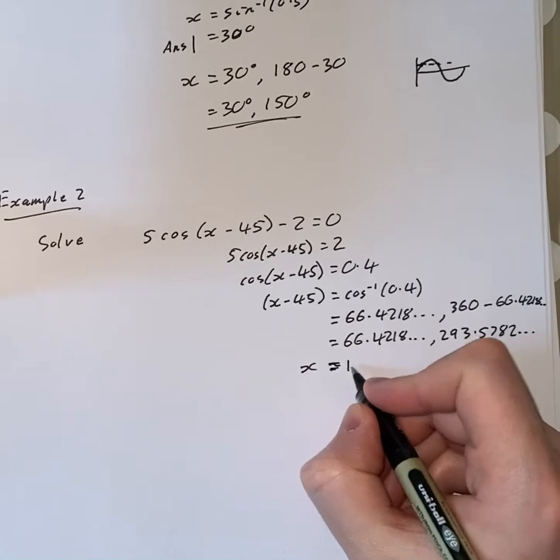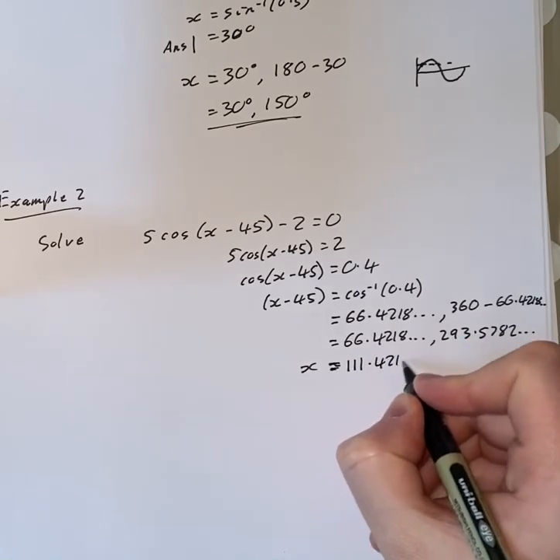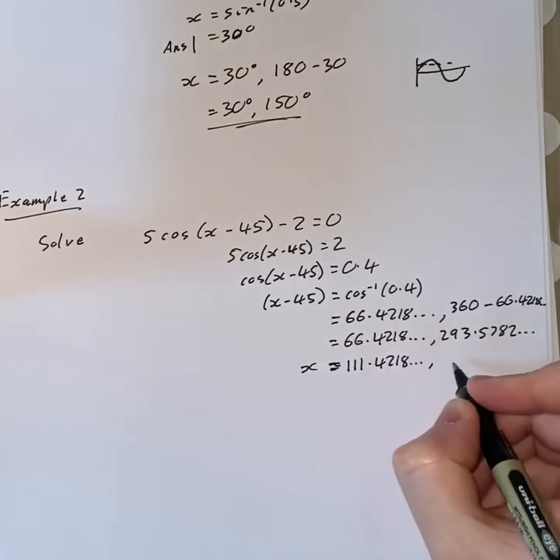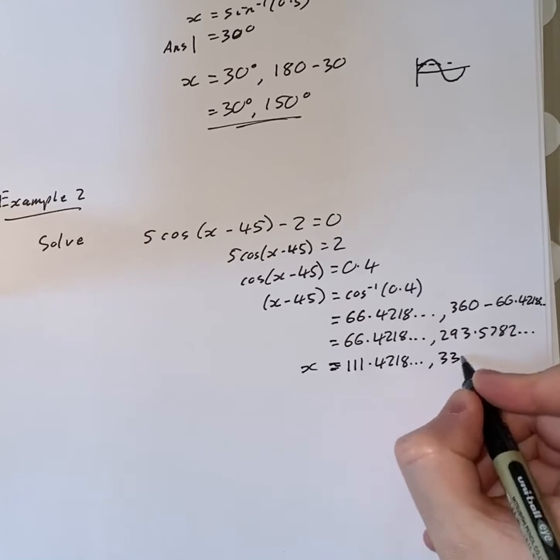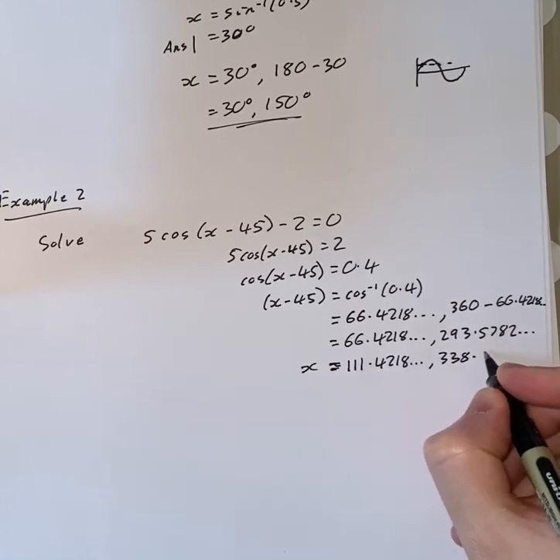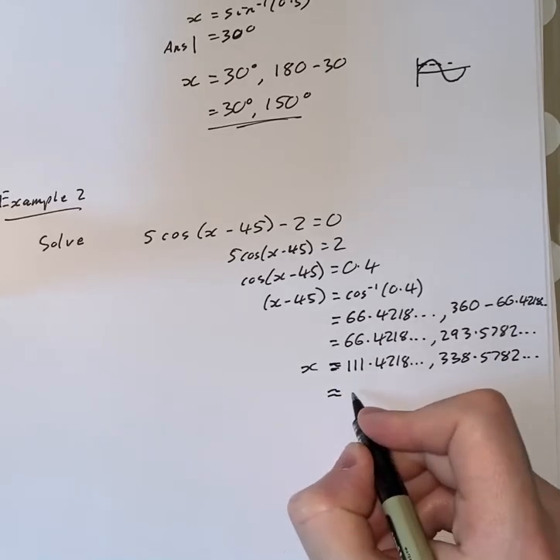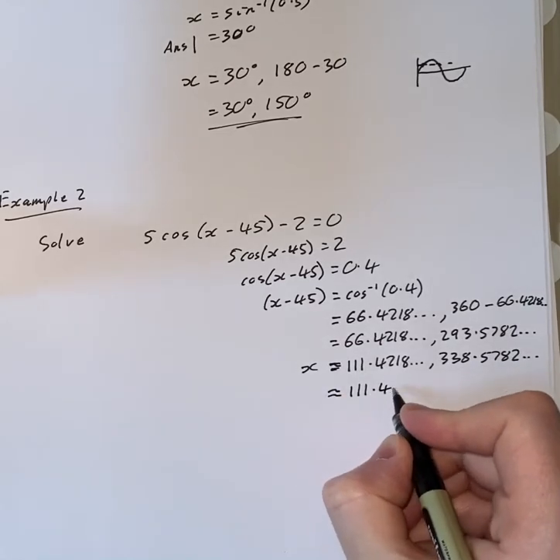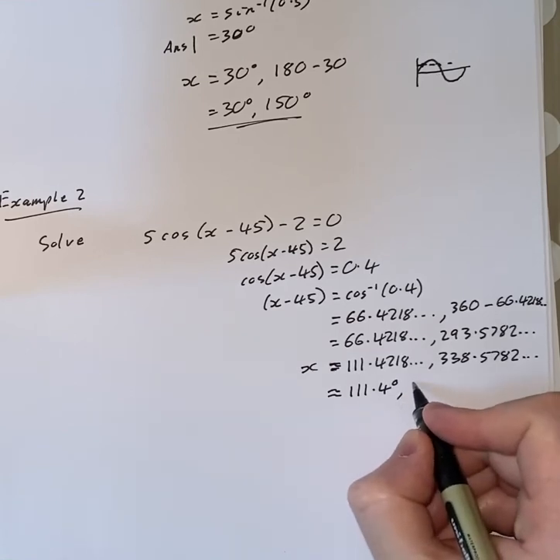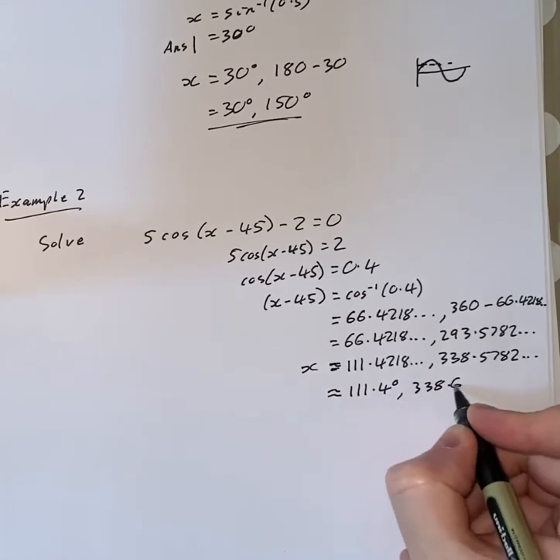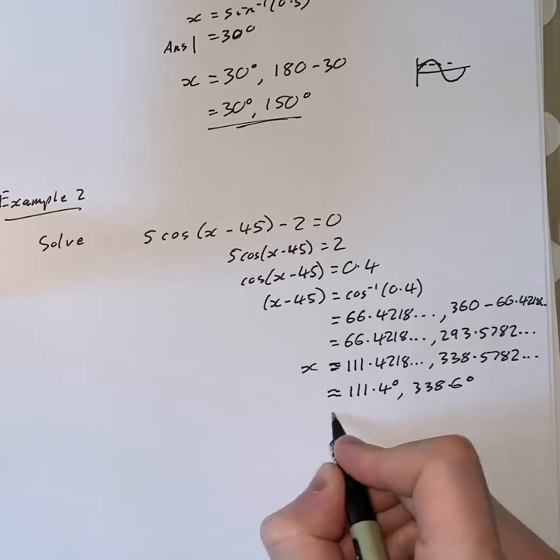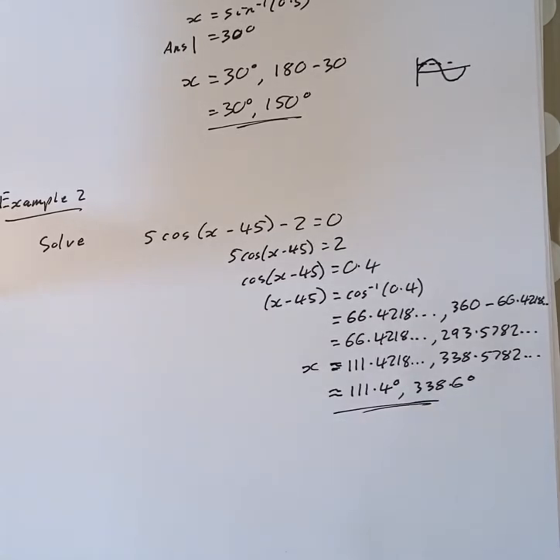So that gives us the 111.4218 that we saw yesterday, and also 338.5782. And now we can look at rounding these, and again I'm just going to go to one decimal place to keep things simple. 111.4 degrees and 338.6 degrees.